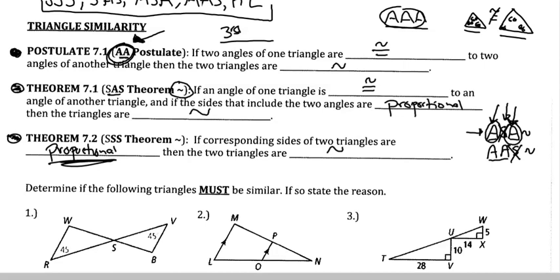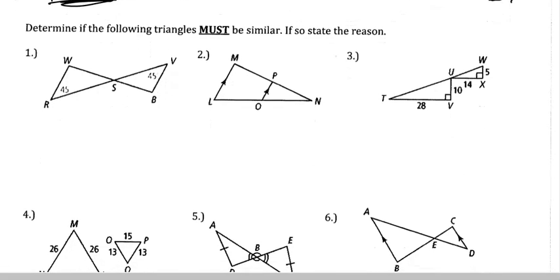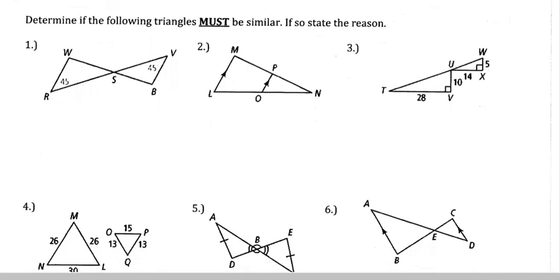If you have questions on that, go ahead and ask me to talk about it again when we are in class. So let me go ahead and show you some examples here. If we were trying to prove that these were similar, you'd be using all the same things in your geometry toolbox, but now you're trying to lead to AA, SAS of similarity, or SSS of similarity.